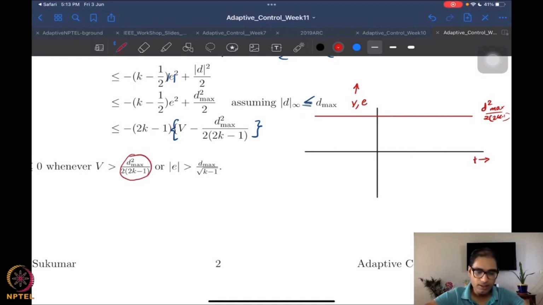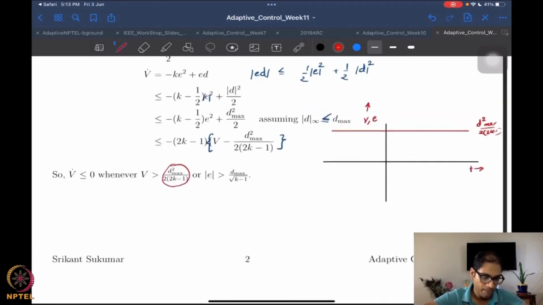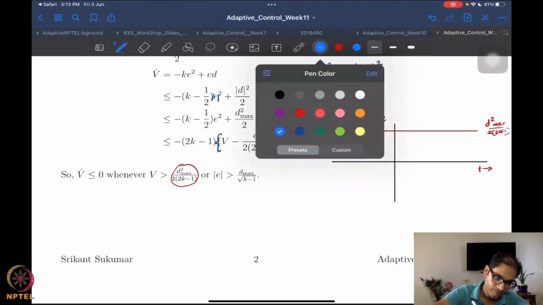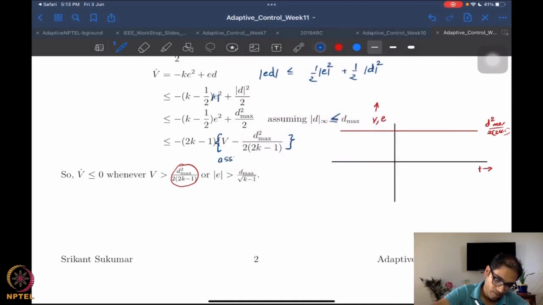Okay. So what is the nature of V based on this analysis? Based on the fact that V dot has this kind of a structure, notice that 2k minus 1 is greater than 0. We of course assume that k has to be greater than 1/2. All right.